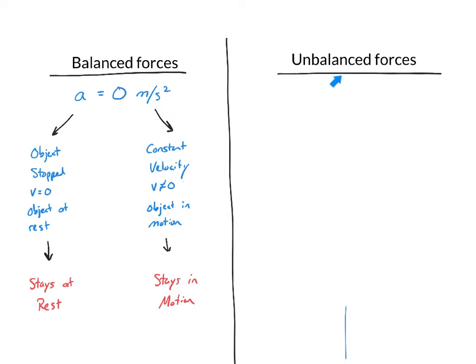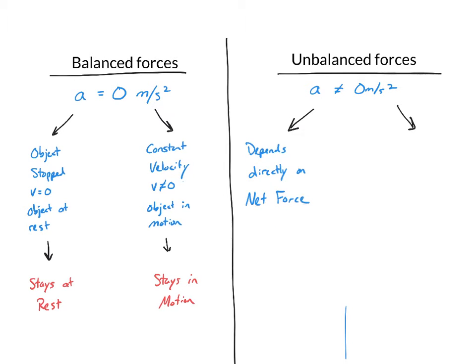The next thing we're going to focus on is unbalanced forces. And when there's an unbalanced force, the acceleration is uniform and is not equal to zero. So there are a couple of things that we'll be taking a look at when we have an unbalanced force, or in other words, there is a net force. The acceleration of that object experiencing a net force depends directly on the net force.